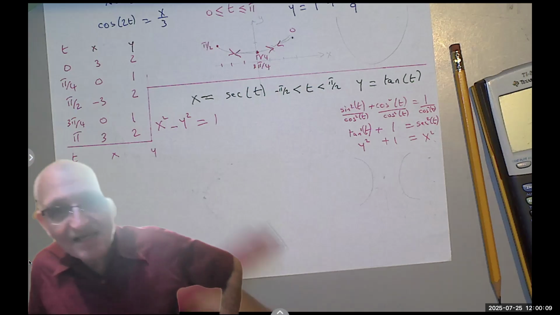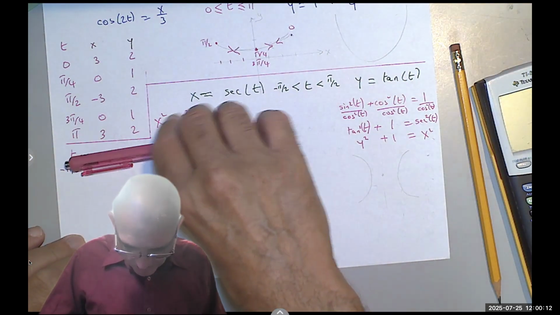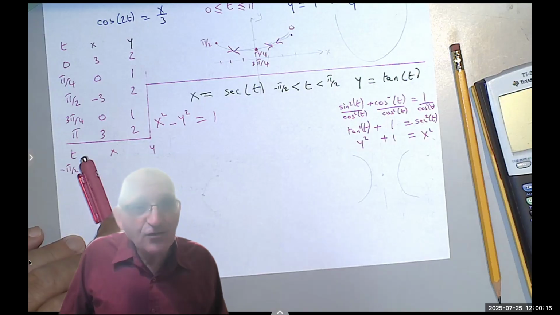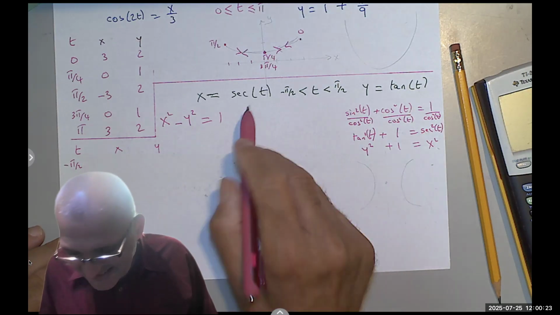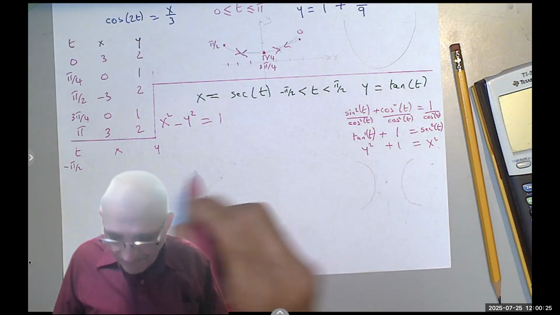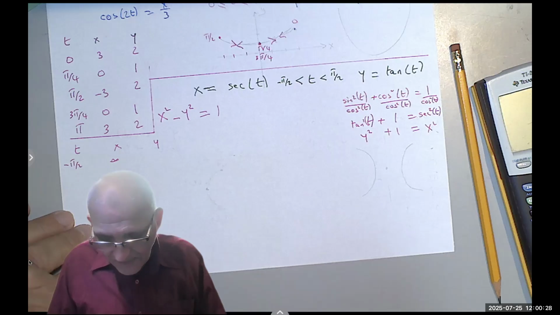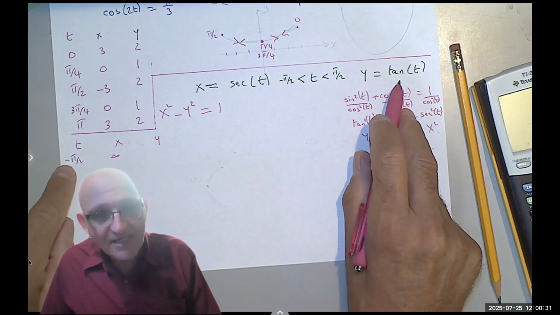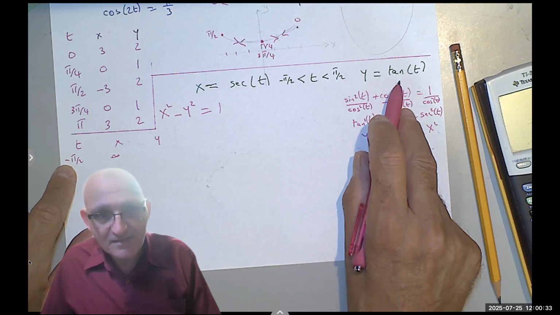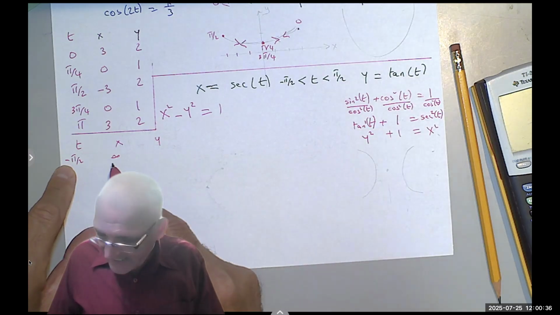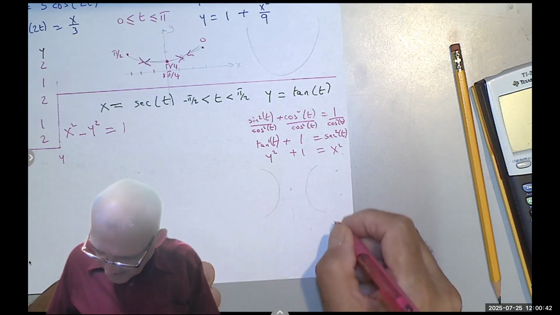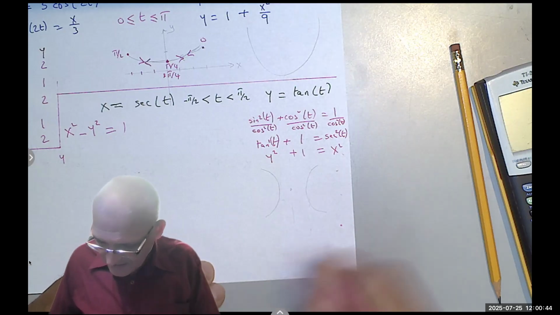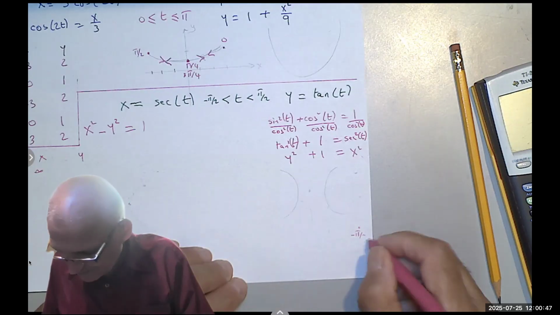Because if I am slightly before negative pi over 2, I'm in the fourth quadrant, and the cosine is positive, not negative. So secant would be a very high value approaching infinity. But what about the y? The y would be approaching negative infinity. So the x is approaching positive infinity and the y negative infinity. I'm somewhere here, very at the bottom. This is t equals negative pi over 2.